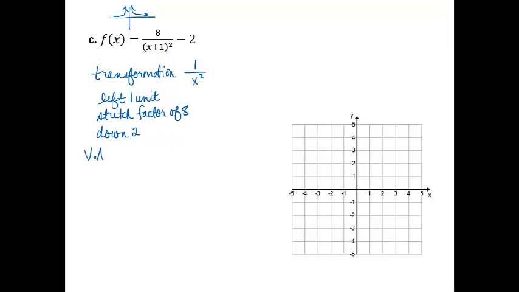Our vertical asymptote could be found just by doing the shifting, but it is going to be left 1. We can also find out where it's undefined. Right, (x plus 1) squared equals 0 at x plus 1 equals 0, or x equals negative 1.